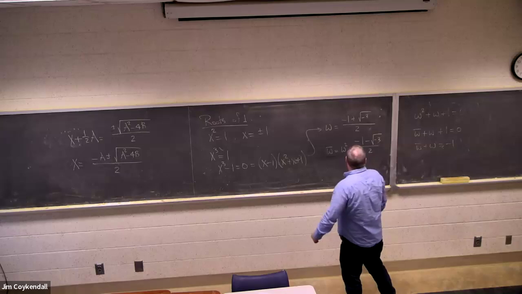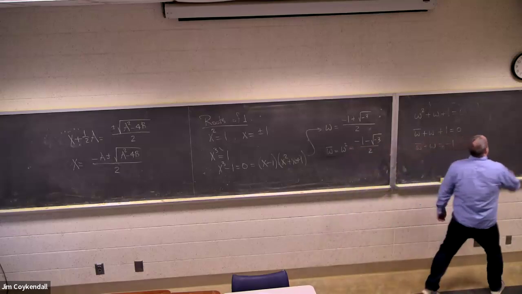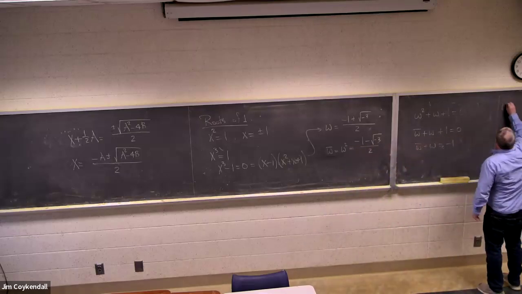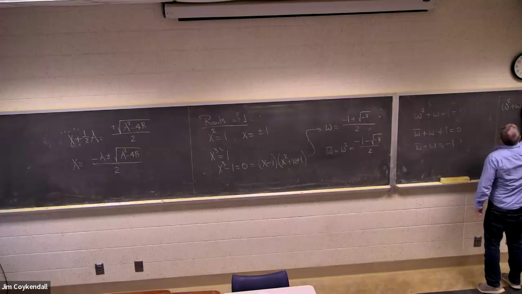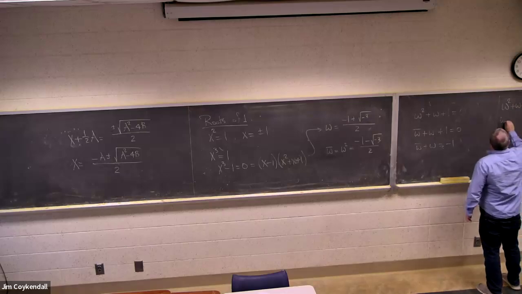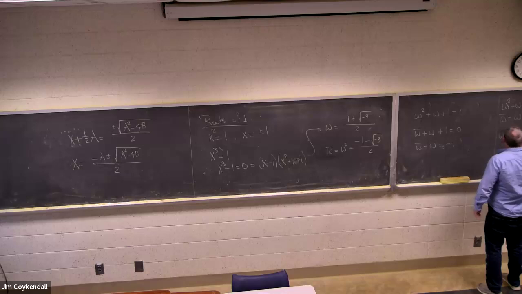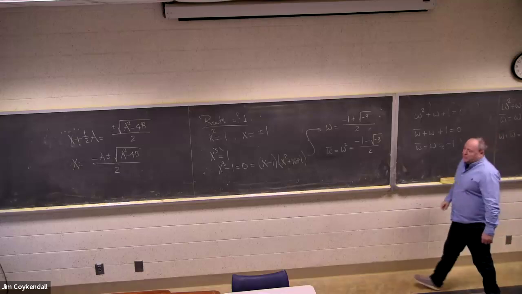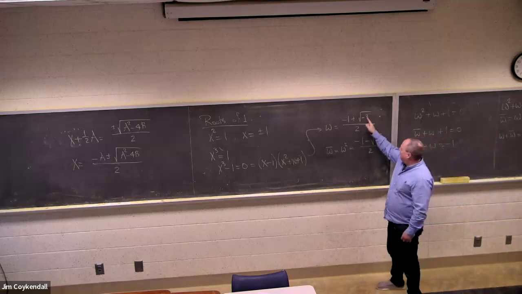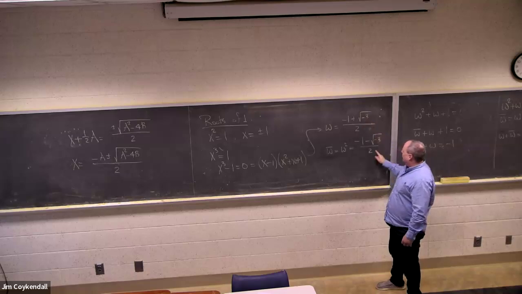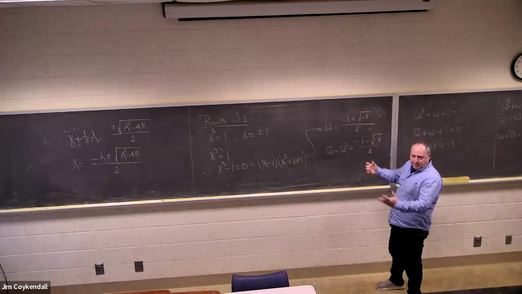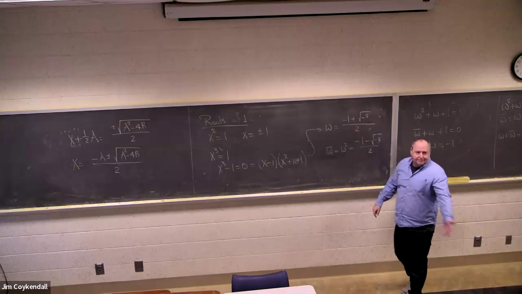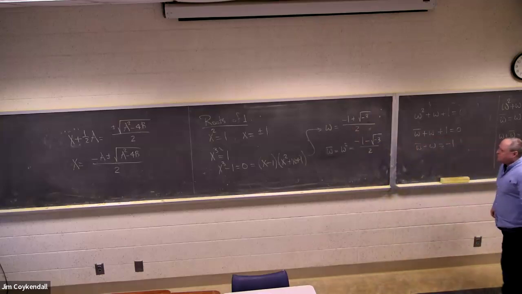So I'm going to use that too. In fact, I'll preserve this over here. And omega plus omega bar is equal to -1. By the way, you can see this directly over here, can't you? Because when you add omega and its complex conjugate, the complex part disappears, and I get -1, right?